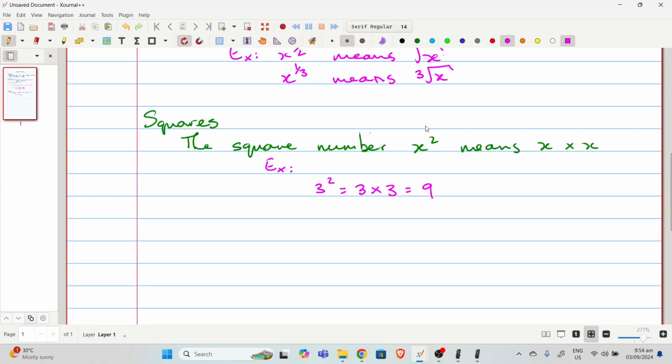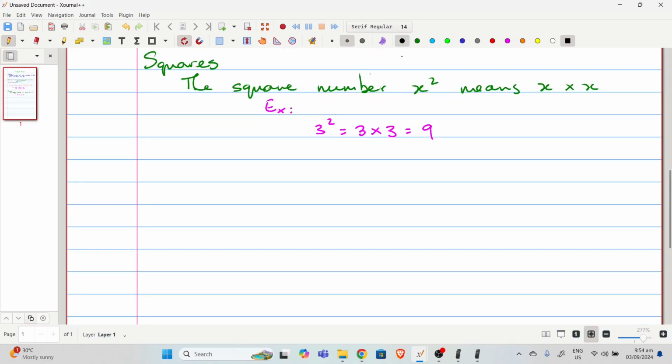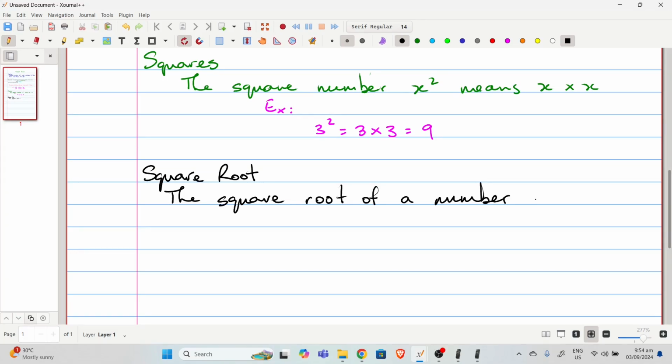That's a square. Now, the other version of that is the square root. The square root of a number x is written as root x.